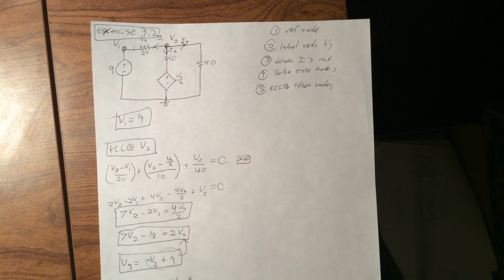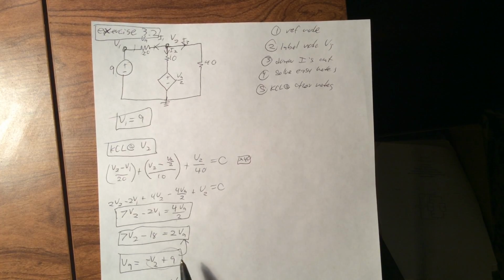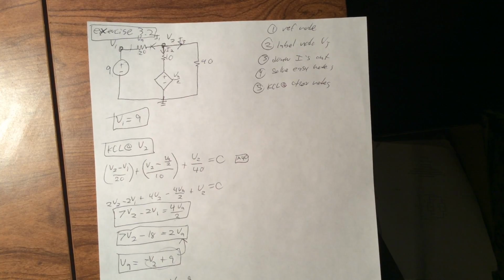Let's look back one more time, make sure we haven't missed anything. No, we should be good. From here we've got VA equals, if we pull that over, minus 2 on VA, 7 as our V2, and 18 as our output. All right, that looks good.